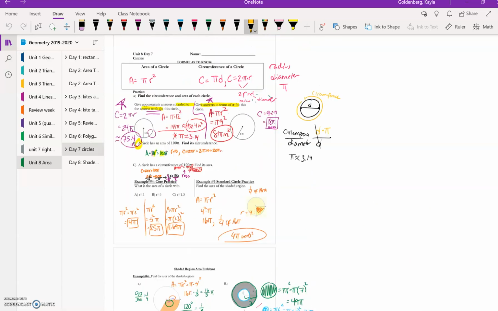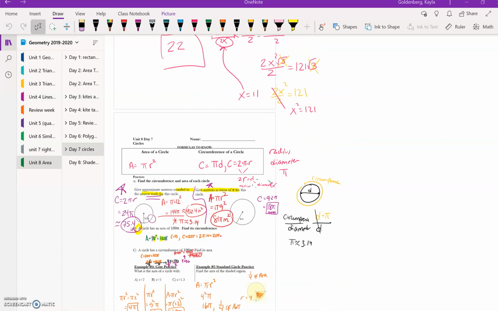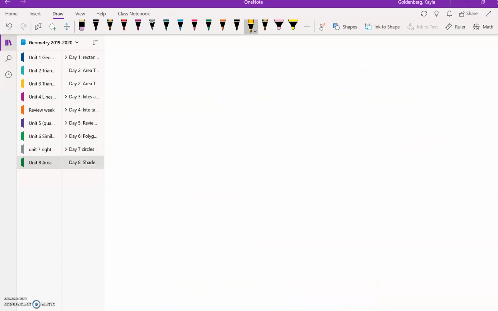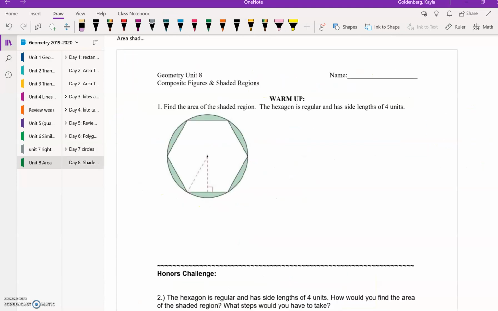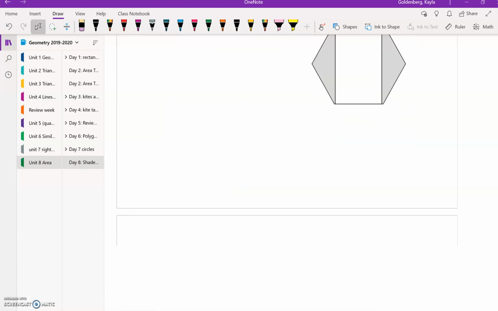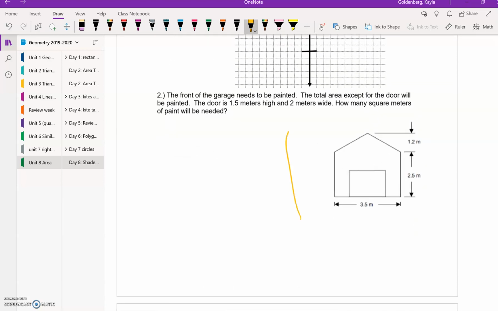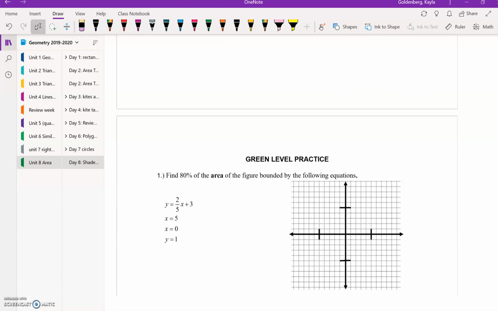Then last Friday, the new topic we did was the area of a circle. We looked at the circle area formula, we looked at the circumference formula, and what we're going to be doing today, day 8, is composite figures and shaded regions. If I just scroll through what we're going to be looking at, a lot of the area is looking at different shapes that are made up of multiple different figures.